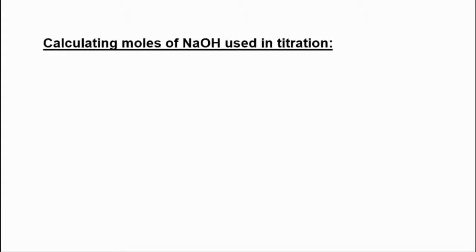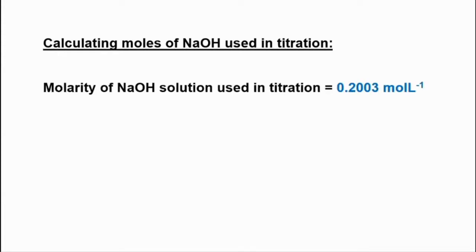Then we are going to calculate the moles of sodium hydroxide used in this titration. The molarity of sodium hydroxide solution used in this titration is 0.2003 moles per liter. Remember where we get this value?